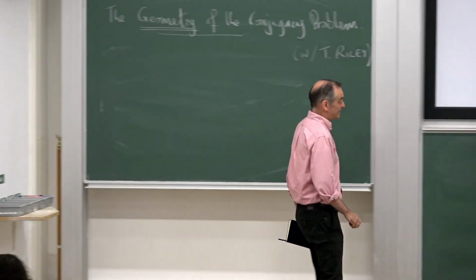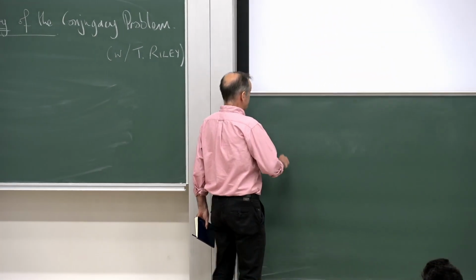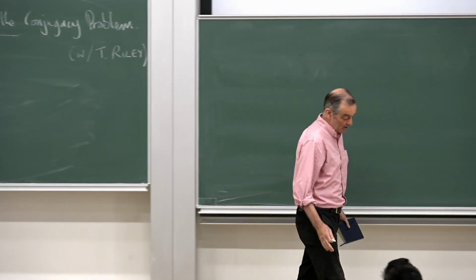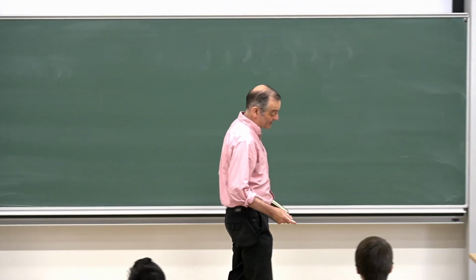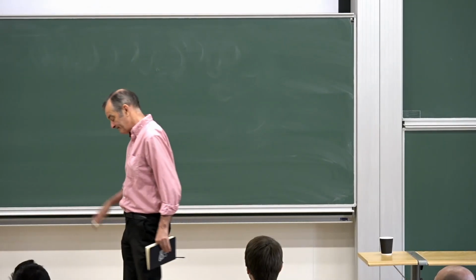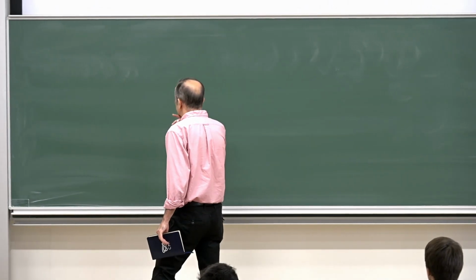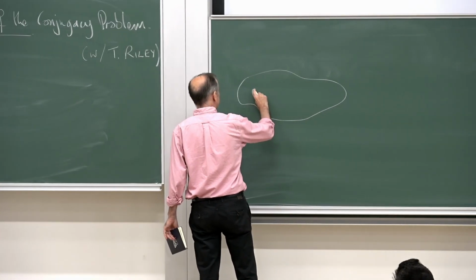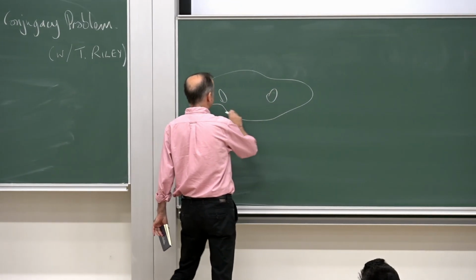Let me start with the geometric version. The word problem, as you know, can be thought of geometrically as how hard it is to fill loops in non-homotopic loops in manifolds. So what's the conjugacy problem? As you also all know, the conjugacy problem is about free homotopy.